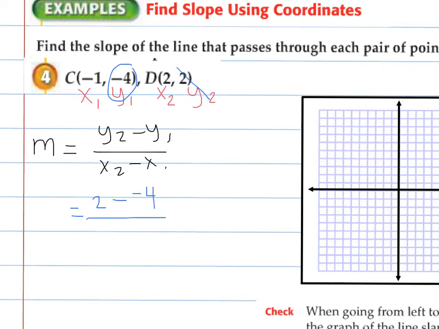Over my x2, which is 2, minus my x1, which is negative 1. Do those operations, and add the opposite on both of those, and I end up with 6 over 3, which simplifies to 2. So I should have a slope of 2.